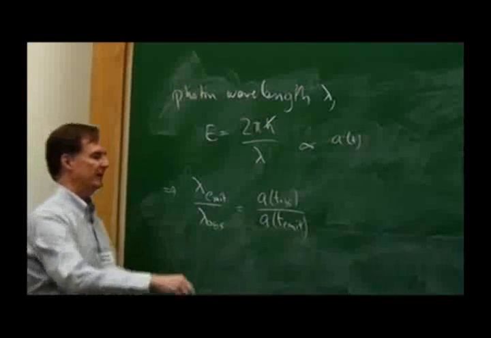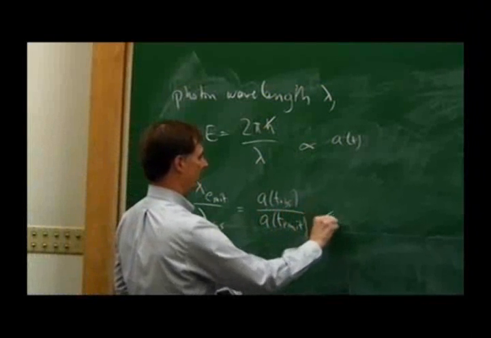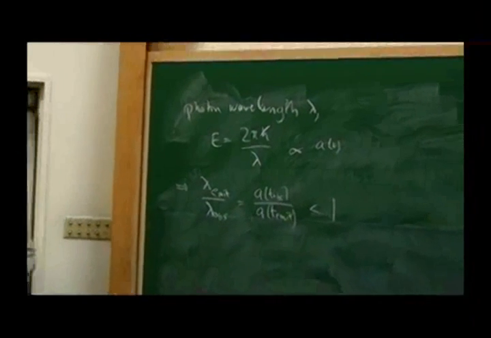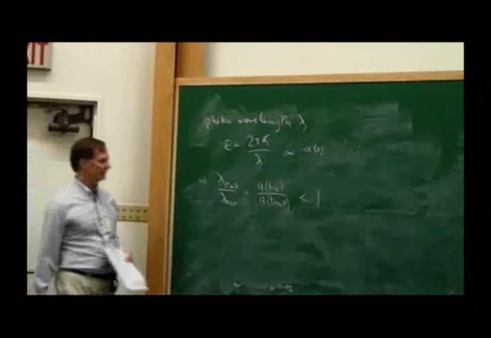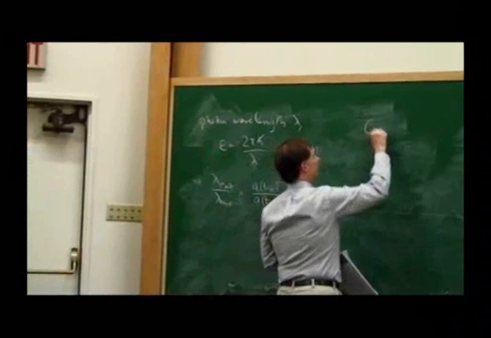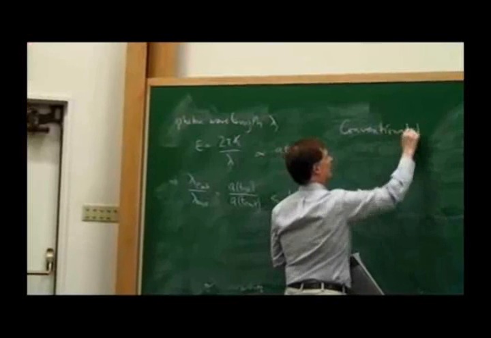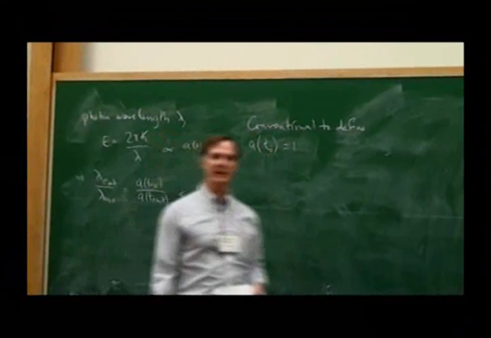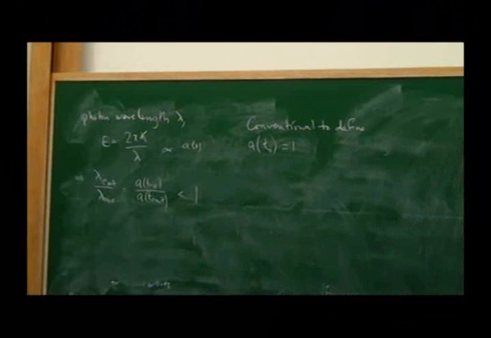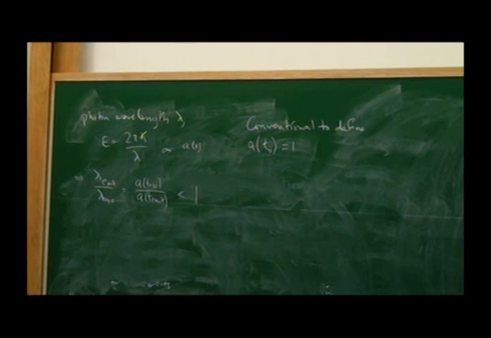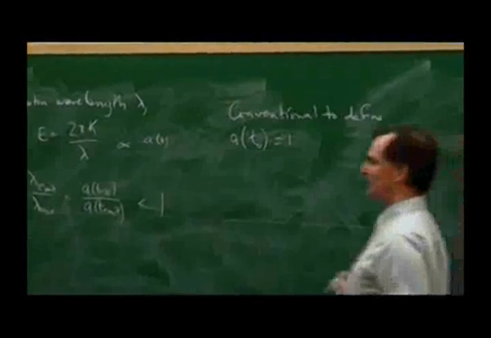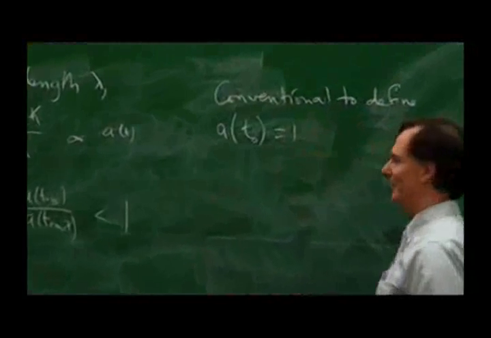So the wavelengths of light, as measured by co-moving observers, grow, and it's conventional to define A of t naught equals 1, where t naught is the present day. And by present day, I don't mean June 2nd, 3rd, 4th. Anything within about a million years is plenty good enough for astrophysical accuracy.